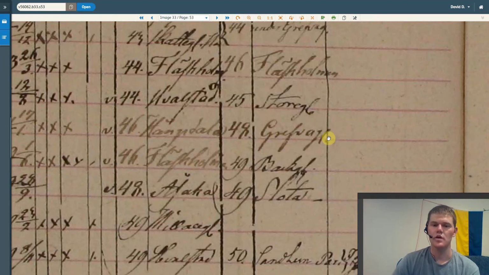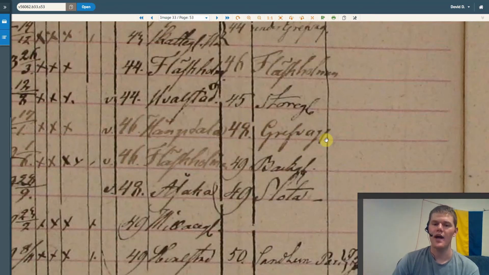And so what we need to do is we need to go to the correct book for this. So in order to find out which book to go to, we look at this moving year. And so this is 1848. And so we want the household book that covers the year 1848.